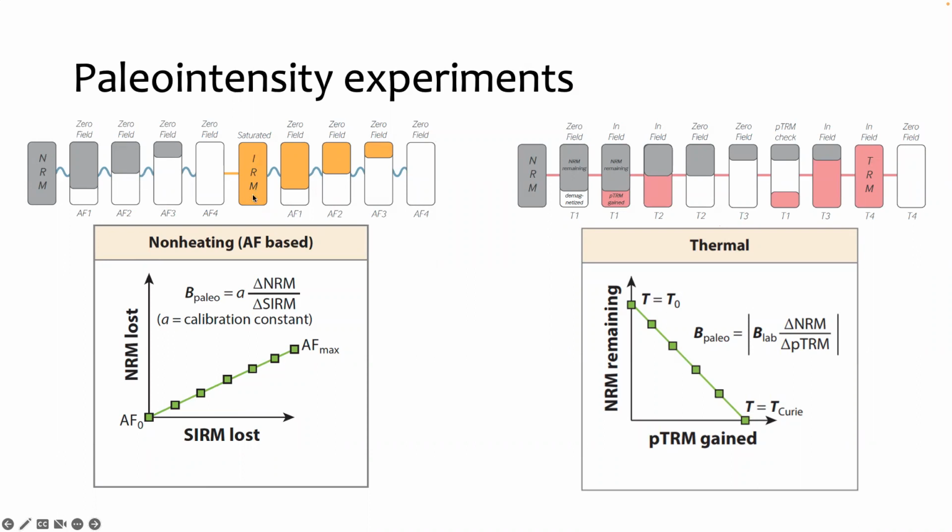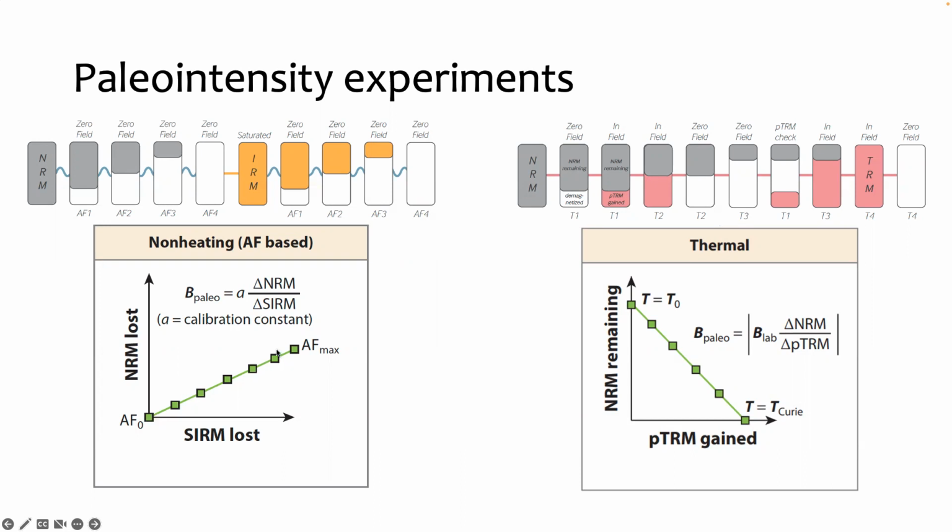Then we apply another artificial laboratory remanence into the rock in order to simulate a thermal remnant magnetization, and we demagnetize that as well using alternating fields. So we compare the rate that the NRM is lost to the rate that the secondary magnetization that we've applied in the lab is lost.